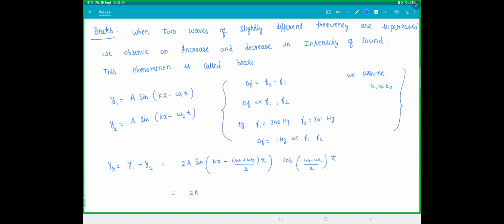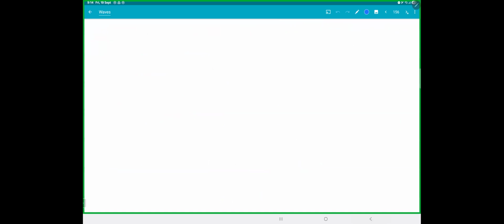This can be written as 2A cos(delta omega by 2 t) sine(Kx minus omega average t). So if you didn't take K1 equal to K2, you would have got K average also there. So look at this function here, 2A cos.